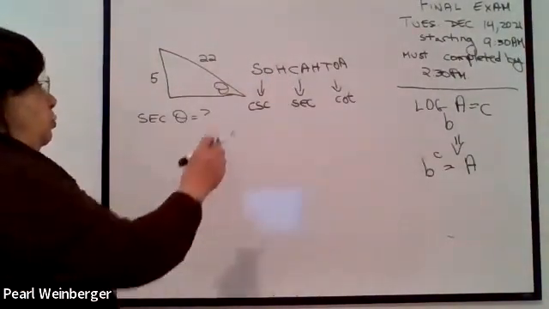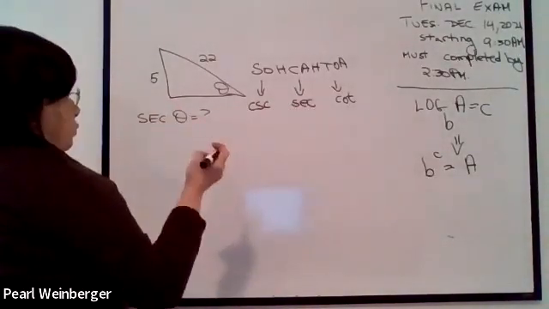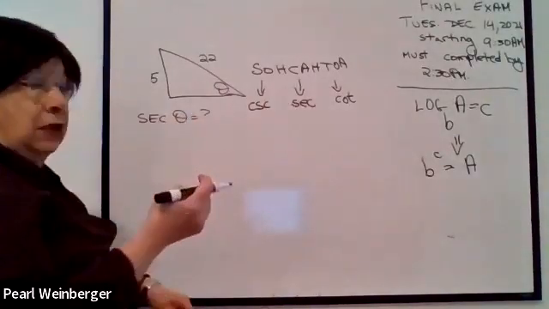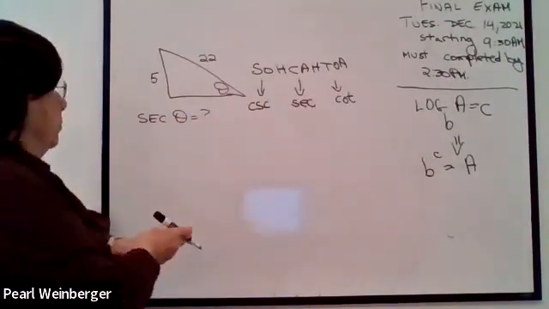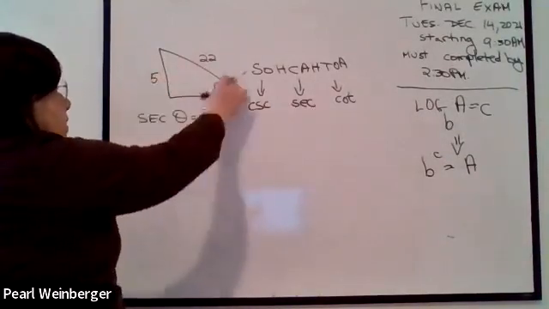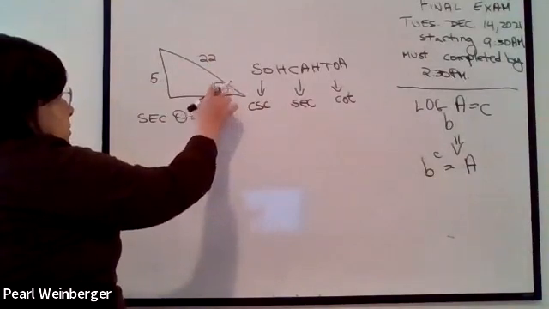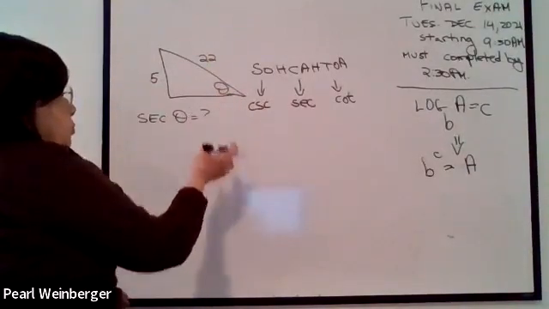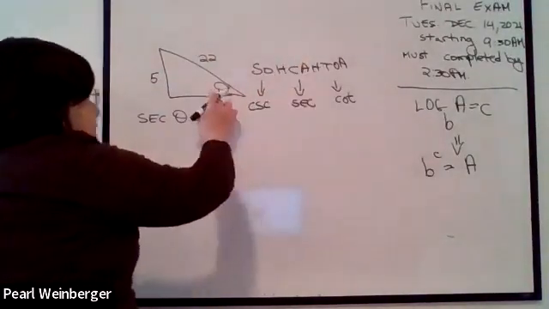All right, so if we want to find the secant of theta, what we have to do is find the cosine of theta and then take its reciprocal, which means just turn it upside down. Now, the problem with trying to find the cosine here is that I don't have enough information. The cosine is the adjacent over the hypotenuse.